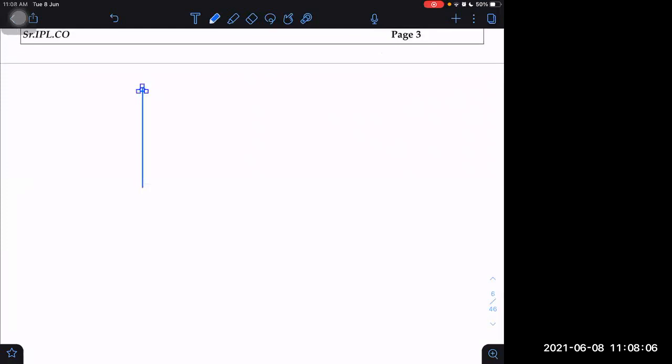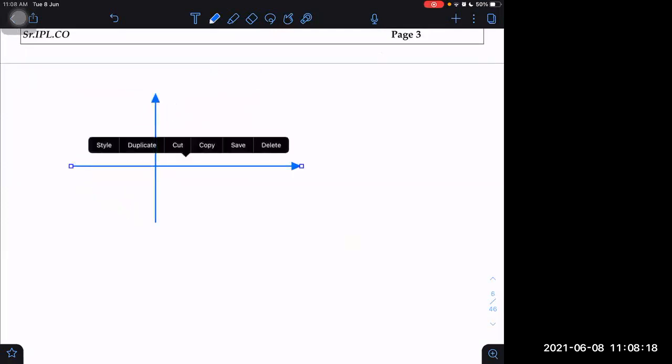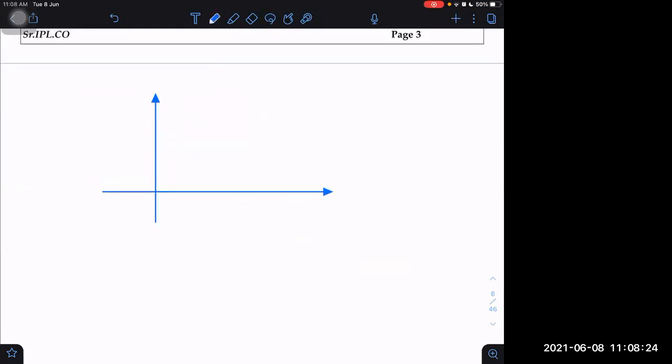What would be the graph? Velocity versus time graph.